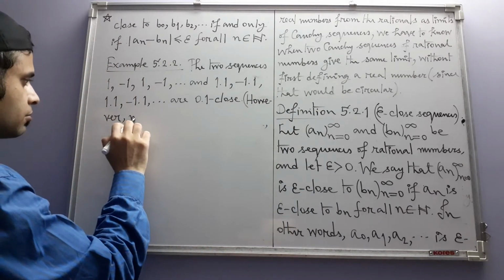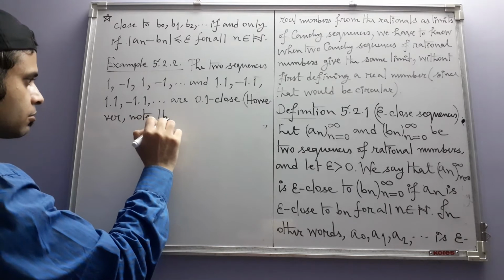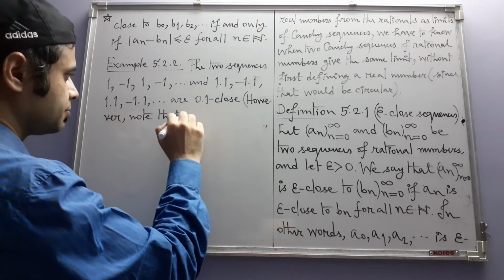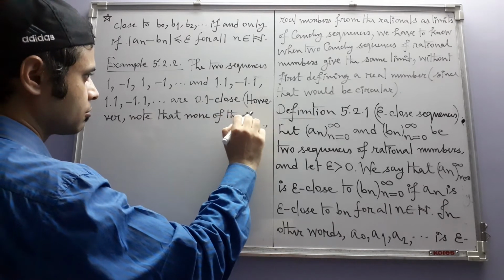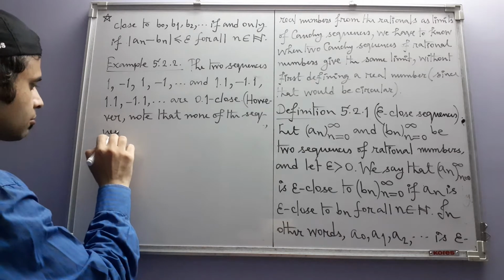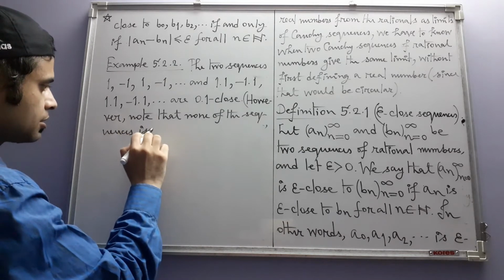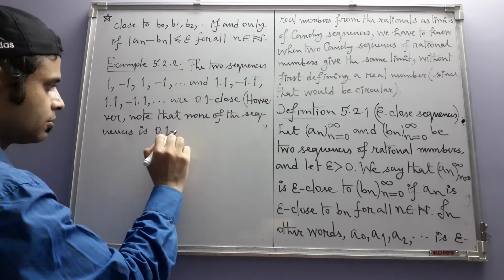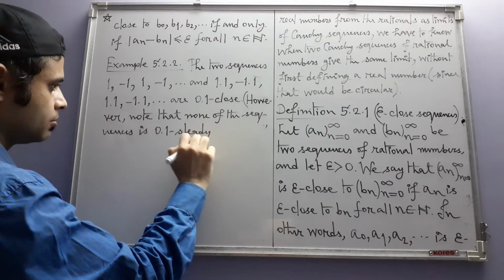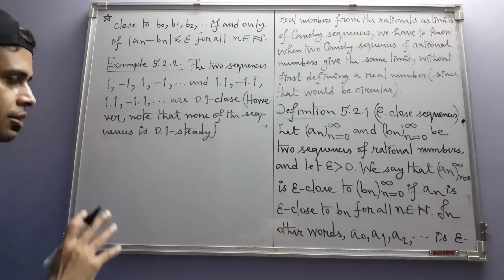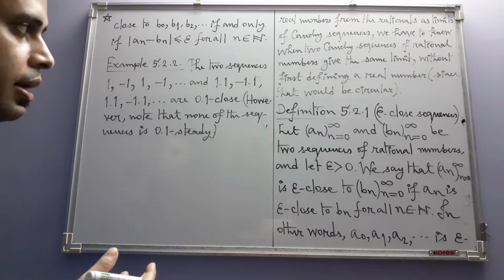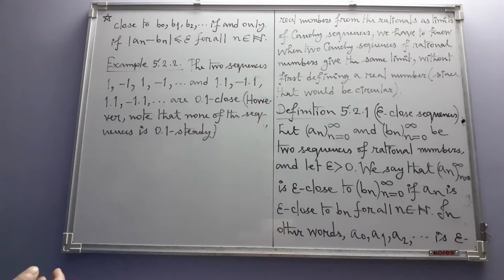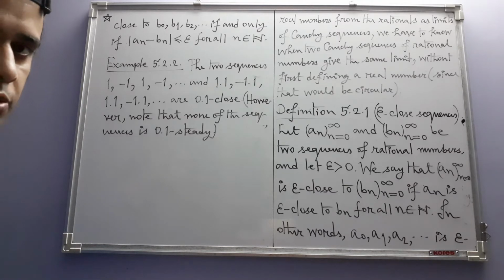However, note that none of the sequences is 0.1 steady. Epsilon steadiness is a different concept. Epsilon steadiness is about a single sequence, and epsilon closeness is about two different sequences being epsilon close to each other.